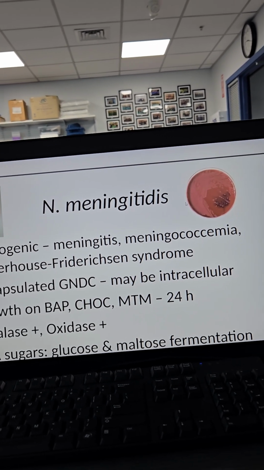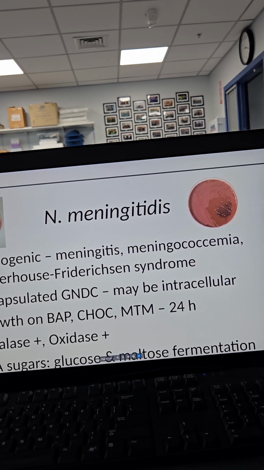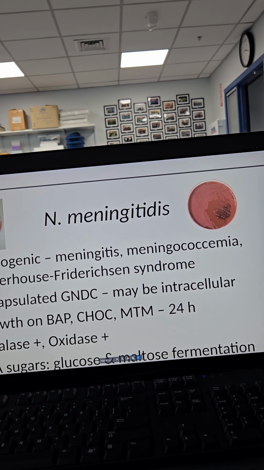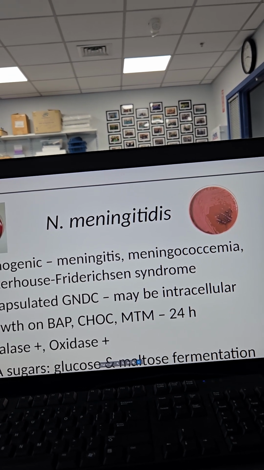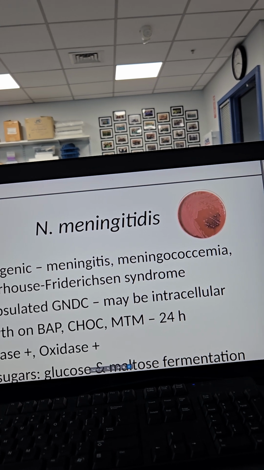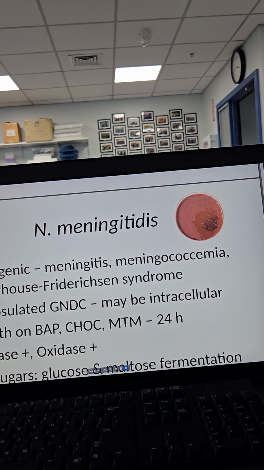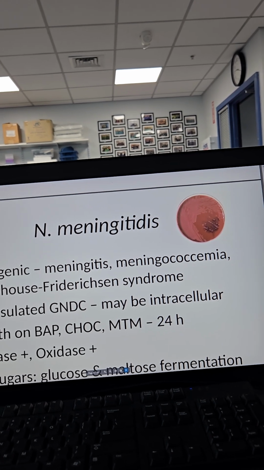So you want to be very aware that if it's where all the normal flora is, okay, but if it's even a tiny bit beyond your normal flora, you definitely need to work this up.